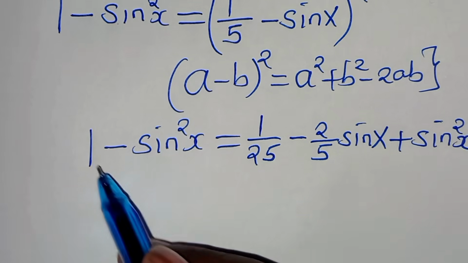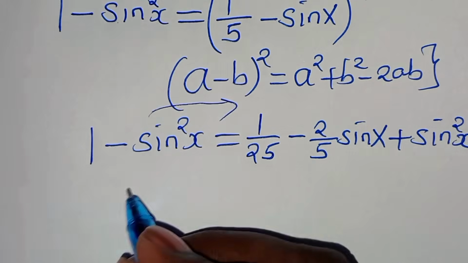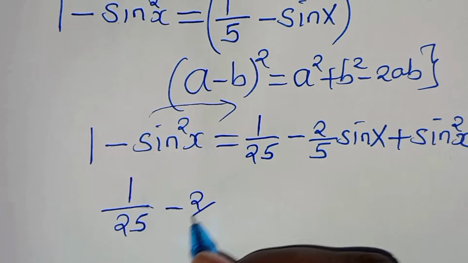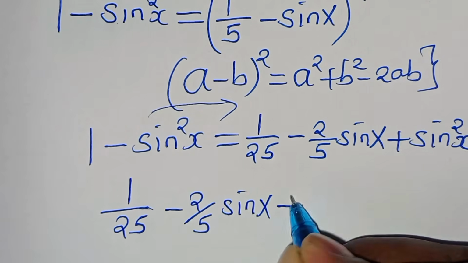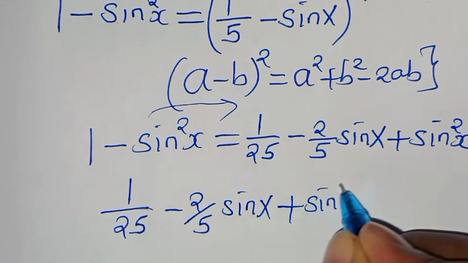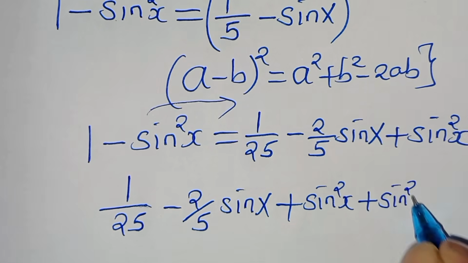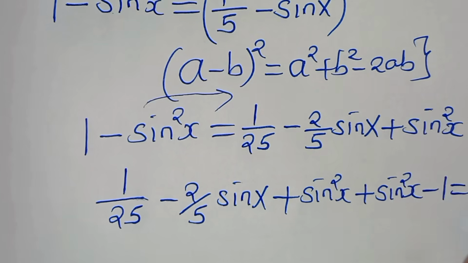The next step is to take 1 minus sin squared x to the right hand side. So this means we have 1 over 25 minus 2 over 5 sin x plus sin squared x, then plus sin squared x, subtract 1, and this is equal to 0.